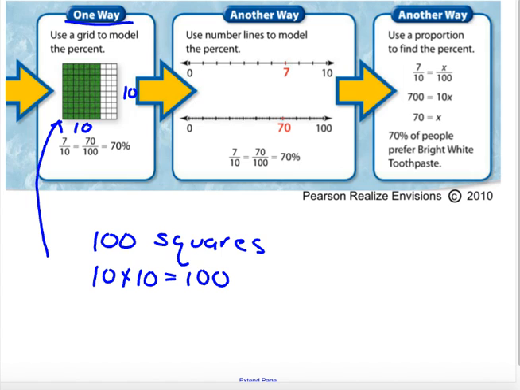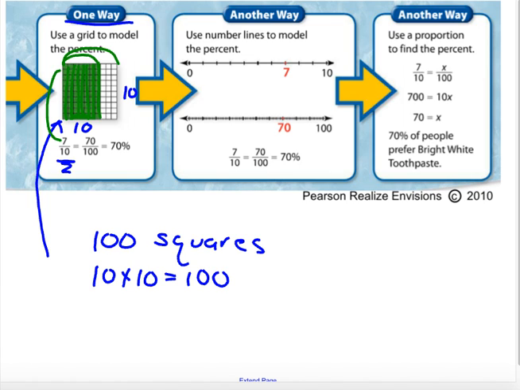And so if you wanted to model 7 tenths, what you would have to do then is say, okay, I want to shade in 7 groups of 10, okay? And so you would shade in 7 groups out of the 10 groups, okay?